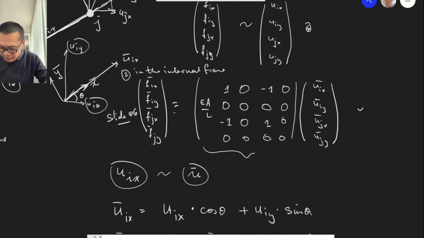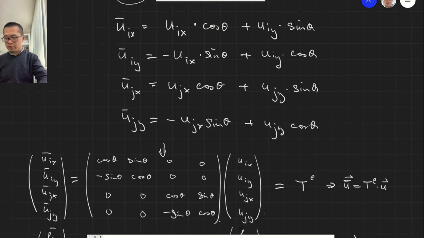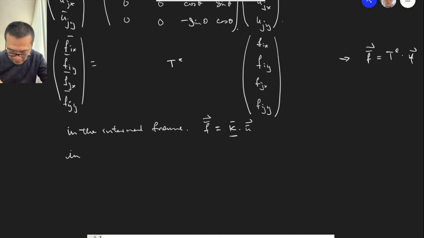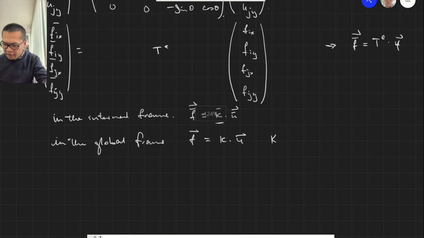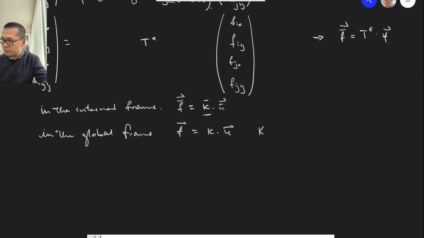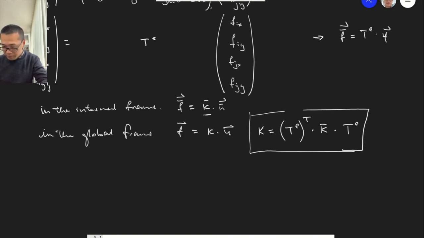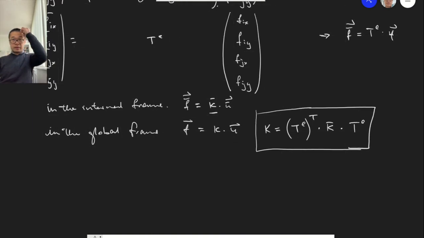So in the global frame, F equal to K times U, and this K can be related to the internal K bar as T E transpose times this internal K bar times T of E. So this is how you will get the stiffness matrix in the global frame from those in the internal frame.